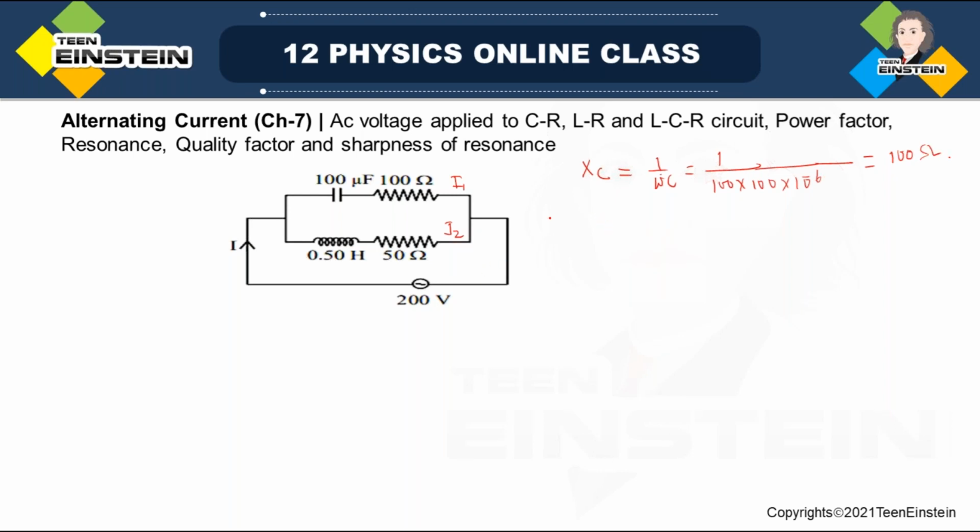Now we have resistance also in this branch, that is 100 ohm, right? Then what is the impedance through branch 1? That is given by the square root of X square plus R square. If we put both the values, look what you get.